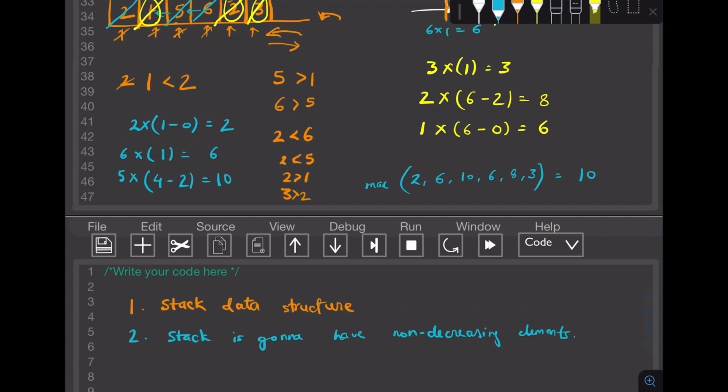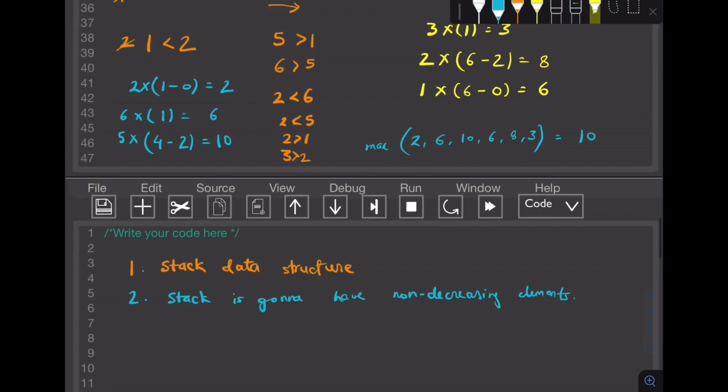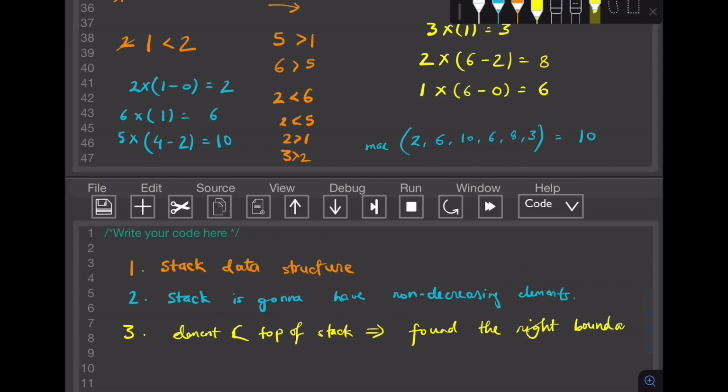This is also enforced by the fact that whenever you see an element which is smaller than the top of the stack, then that means you have found the right boundary. Which means go ahead and calculate the area.